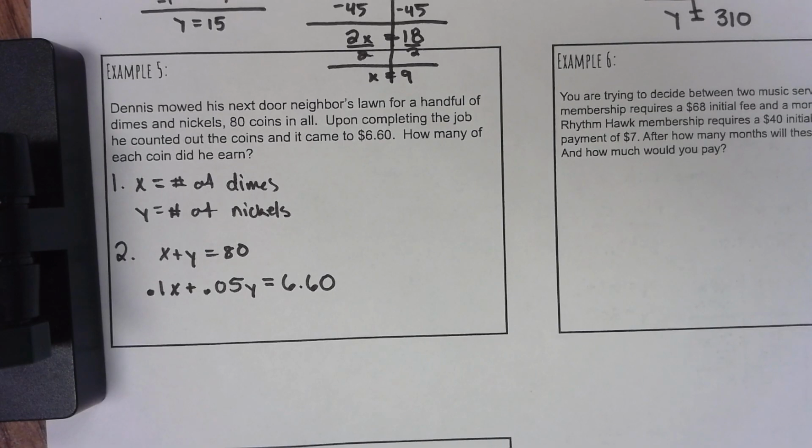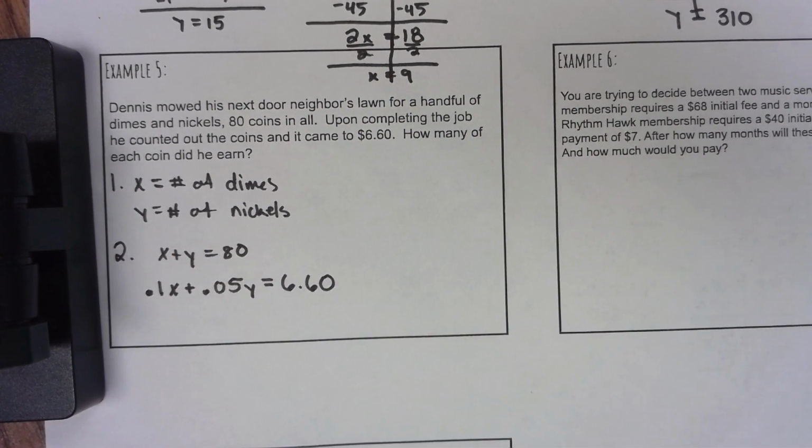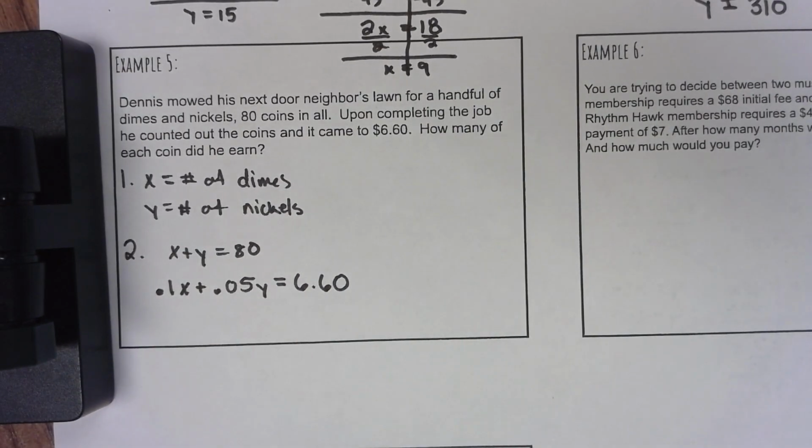All right. So for the defining of your variables, it should be specific. So you should be saying number of dimes and number of nickels. Okay. Now, if you mix it up, that is okay. If you said y is the number of dimes and x is the number of nickels, nothing is wrong about that. Okay.